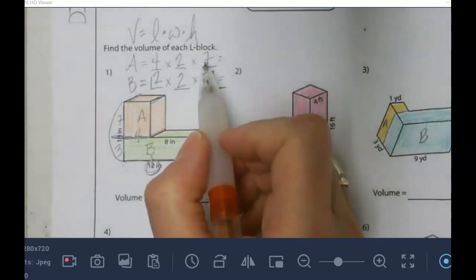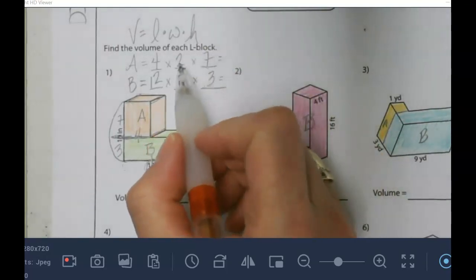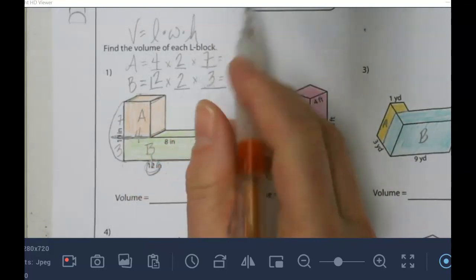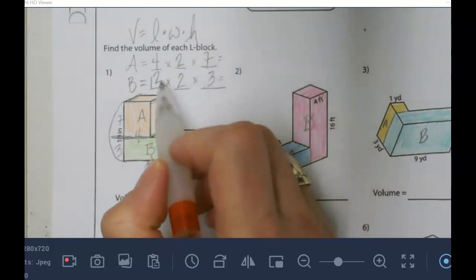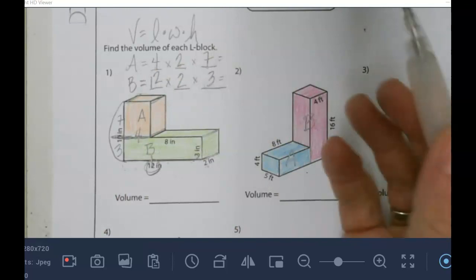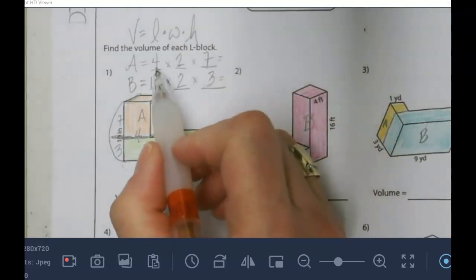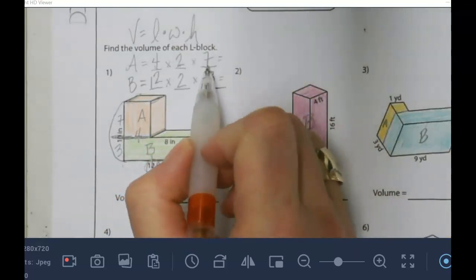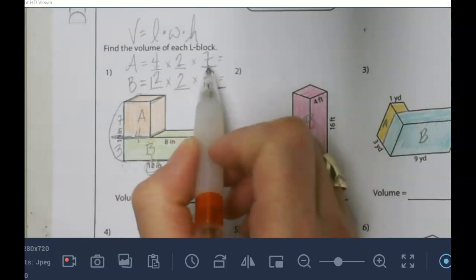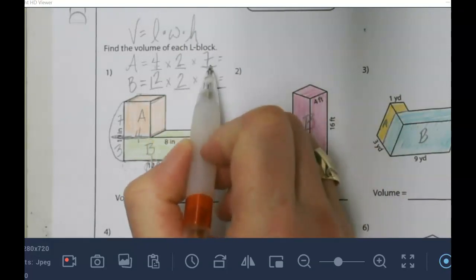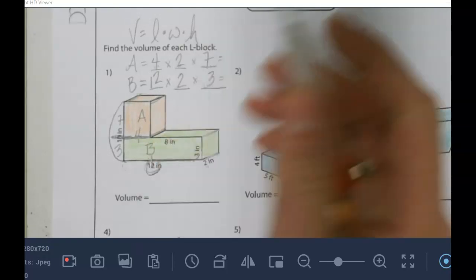So I have 4 times 2 is 8 times 7, or 7 times 2 is 14 times 4, or, this is what works better in my head, is 4 times 7 is 28, and then 28 times 2 is 56.